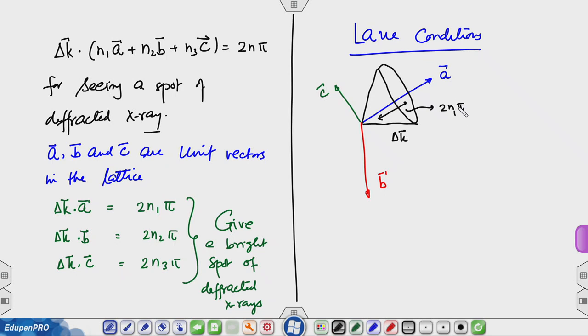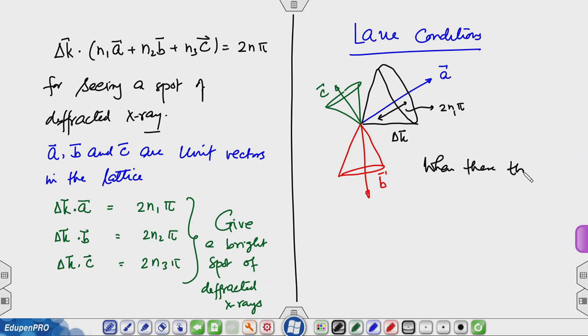Similarly, for c, delta k lies on a cone, and for b also it lies on a cone. When all three conditions are satisfied, that means the three cones intersect along a line.